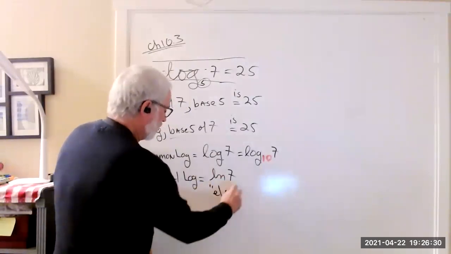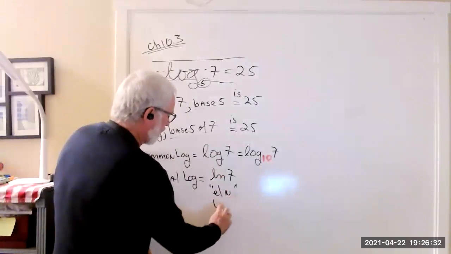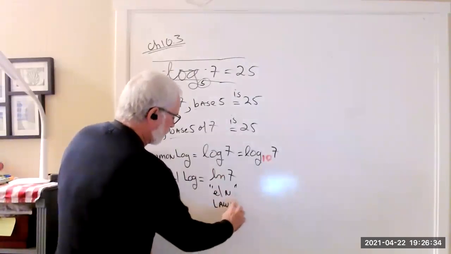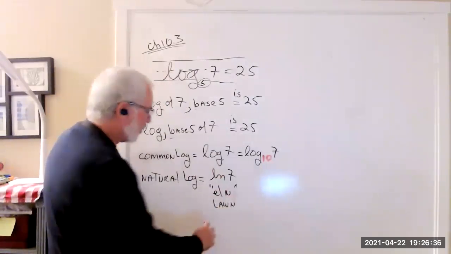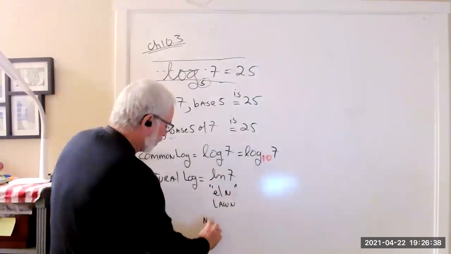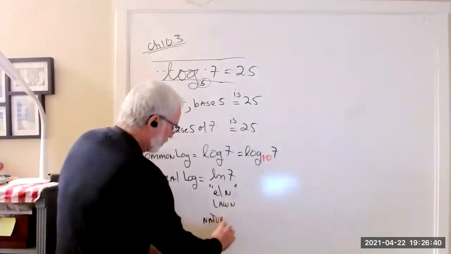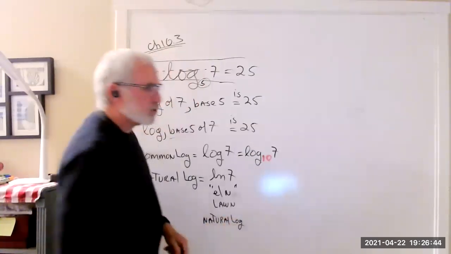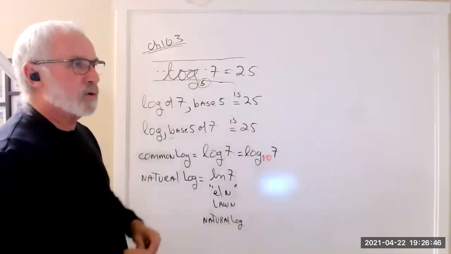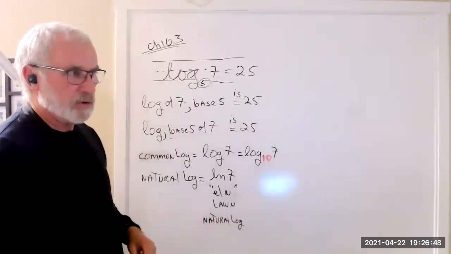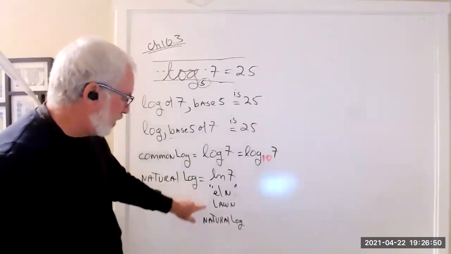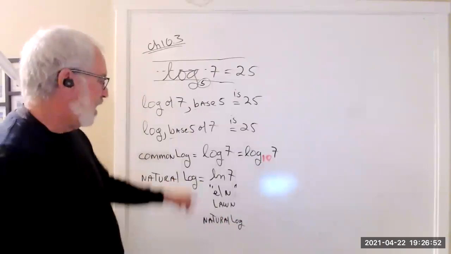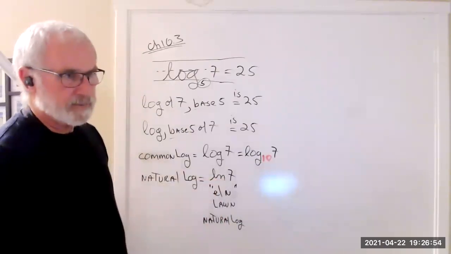Do you say "lawn", which some people do? Or do you say "the natural log"? Pretty much the whole math science world is split. There's no consensus which one of these is the better way of saying that.